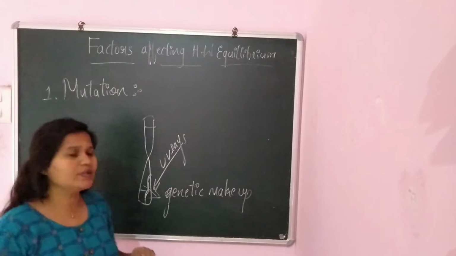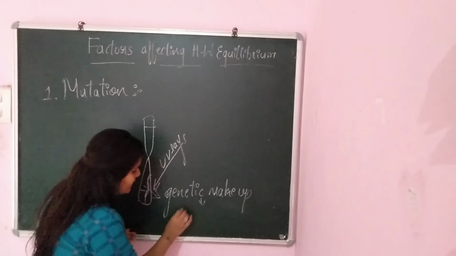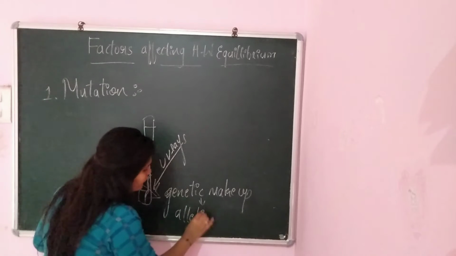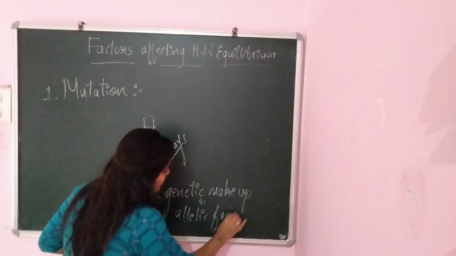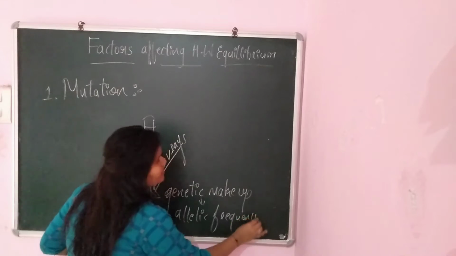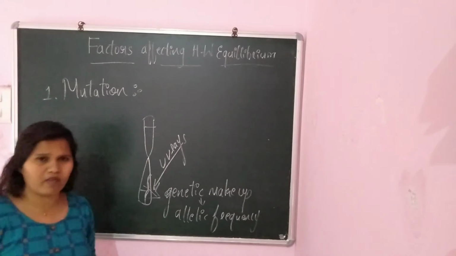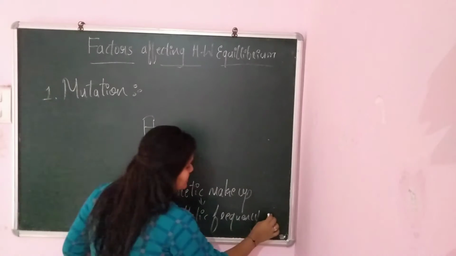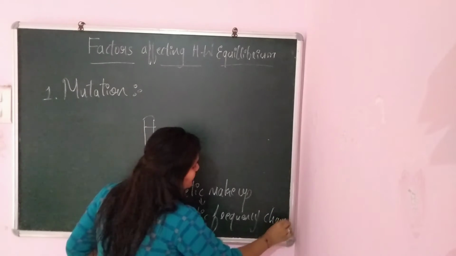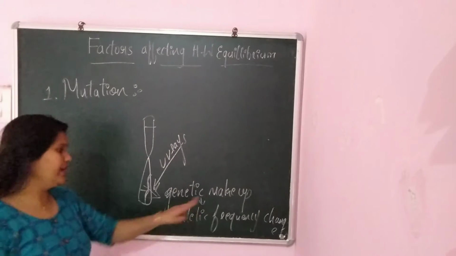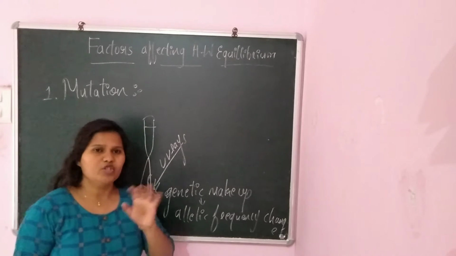Due to this, what happens? The allelic frequency also changes. So that's what the Hardy-Weinberg equilibrium is about, right? The allelic frequency will get altered when the genetic makeup changes.